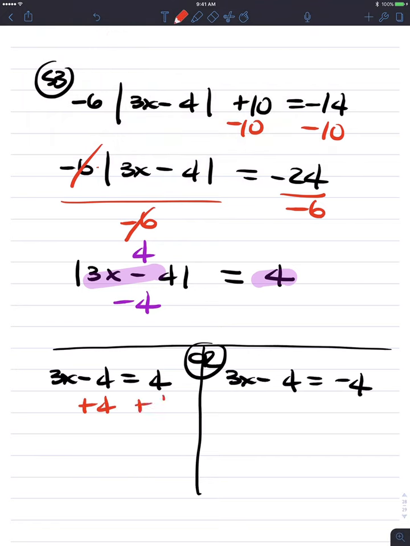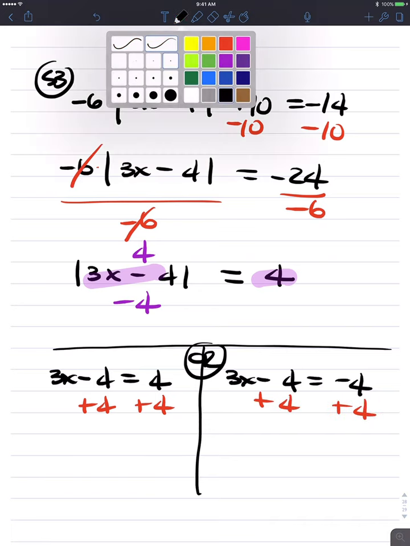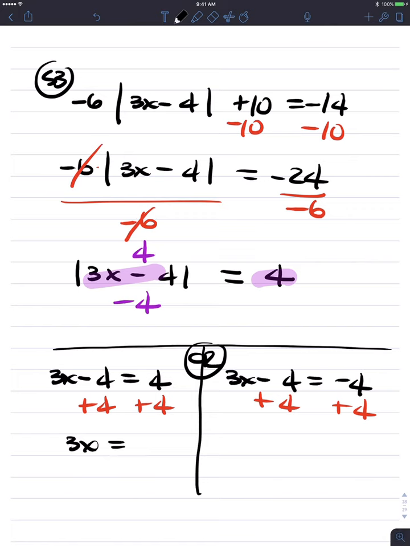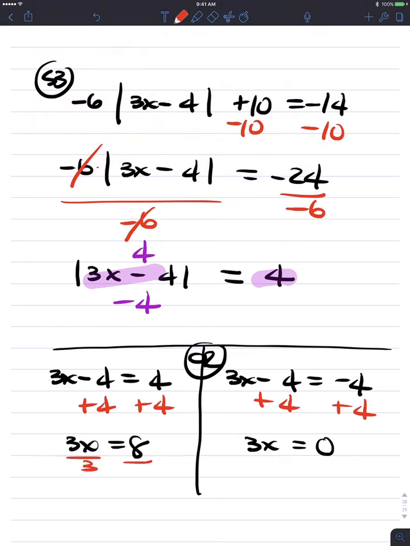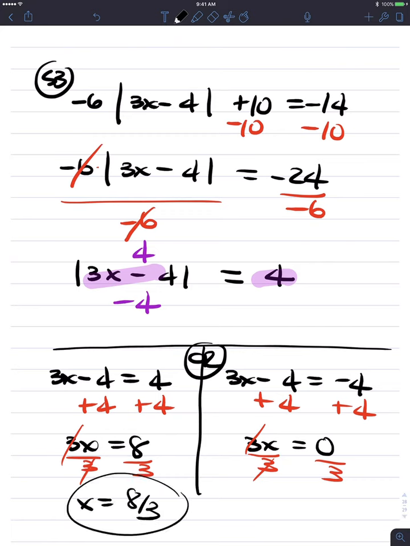We can add 4. 3x will be 8. 3x will be 0. Divide by 3 for both sides, for both equations. You end up with x being 8 over 3, or x being 0. These are my two solutions for number 53.